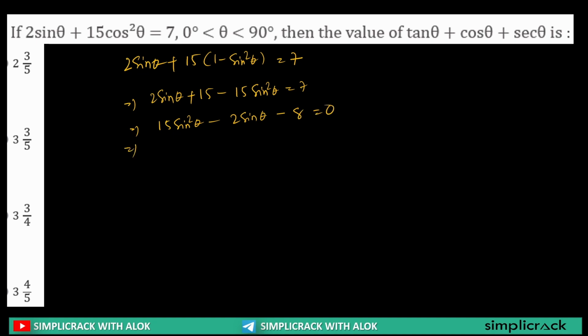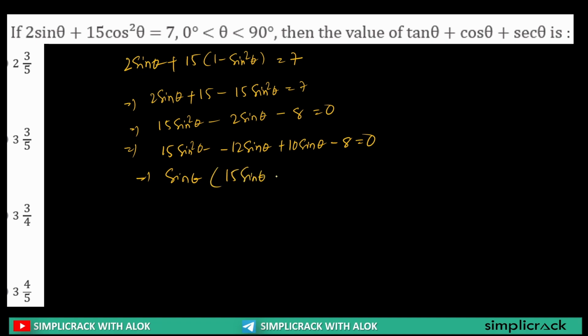So I can write it as 15 sin square theta minus 12 sin theta plus 10 sin theta minus 8 is equal to 0.